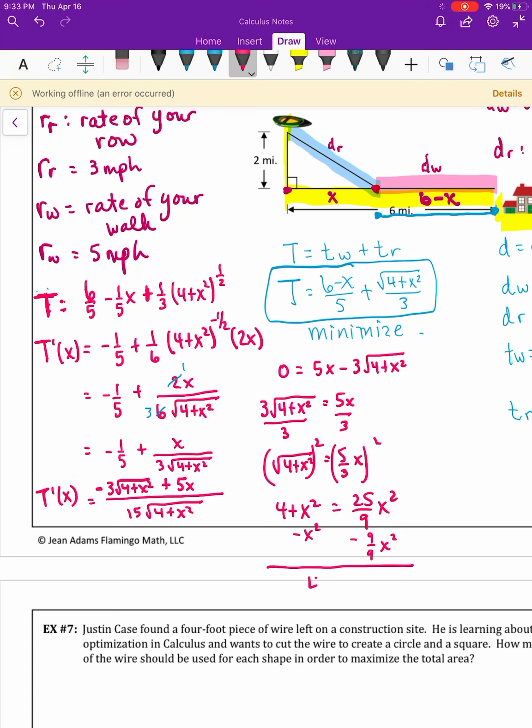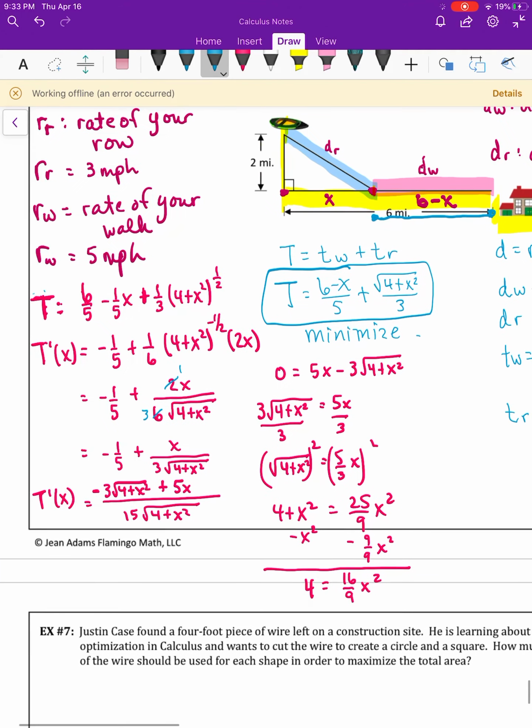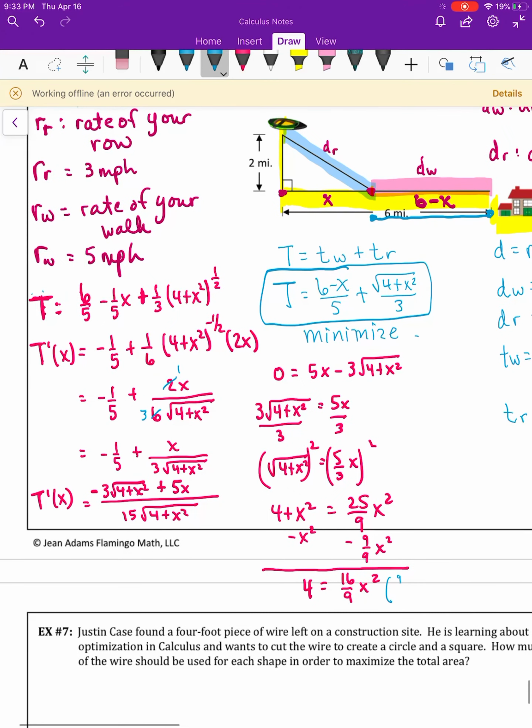So 25 over 9 x squared. Then we will add like terms. So I'm going to subtract, and I would subtract 9/9 x squared. That's still subtracting 1 x squared from both sides. It's just I changed my 1. That's going to give me 16/9 x squared.